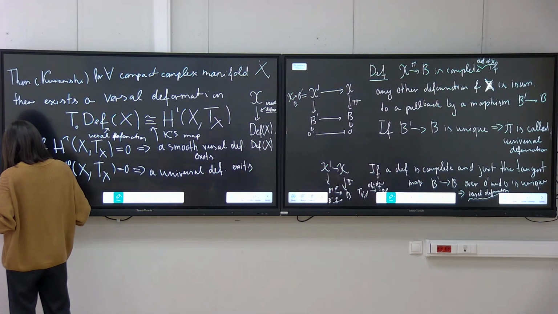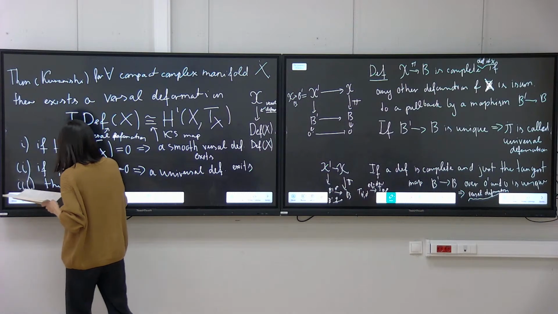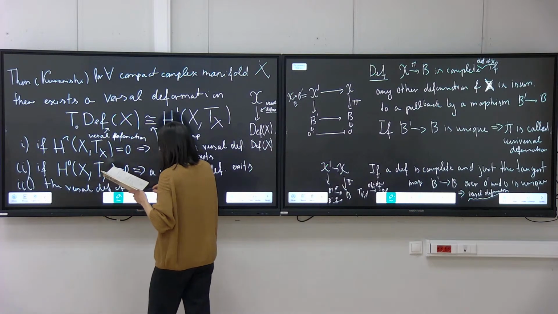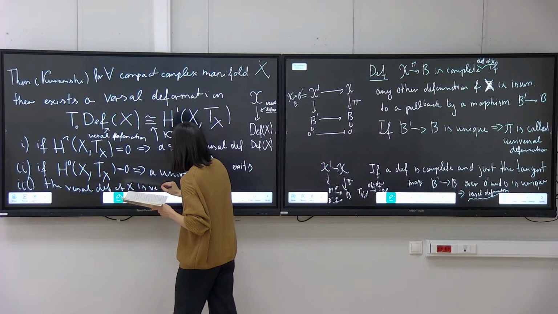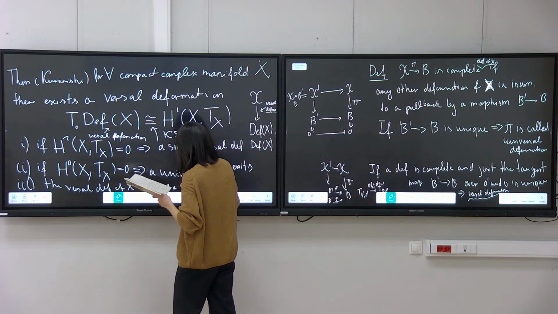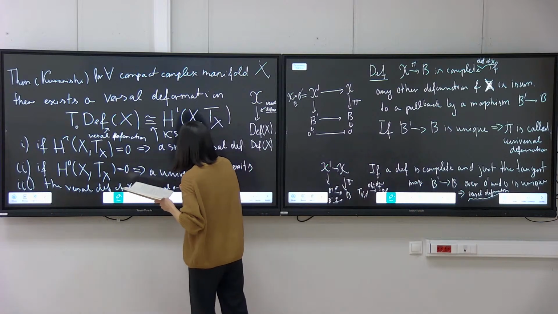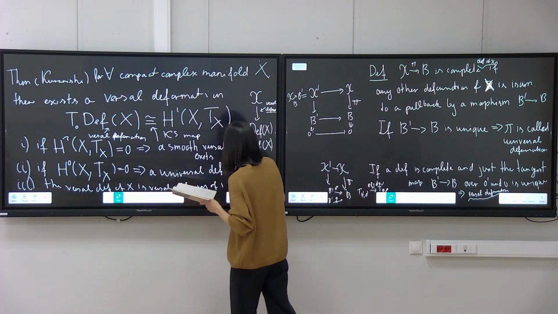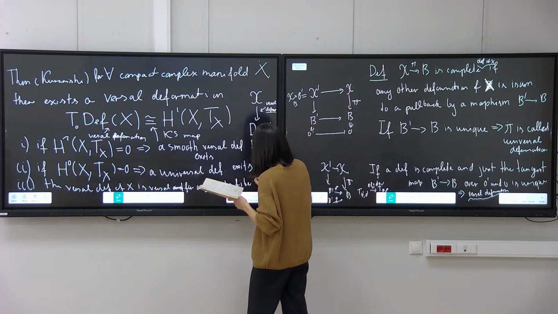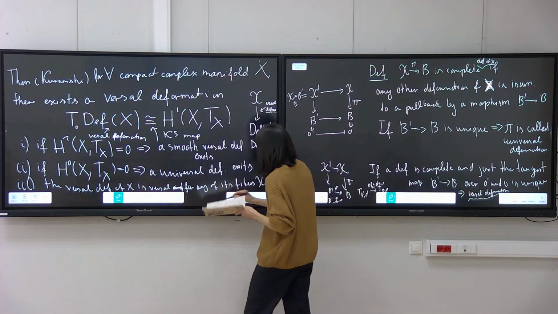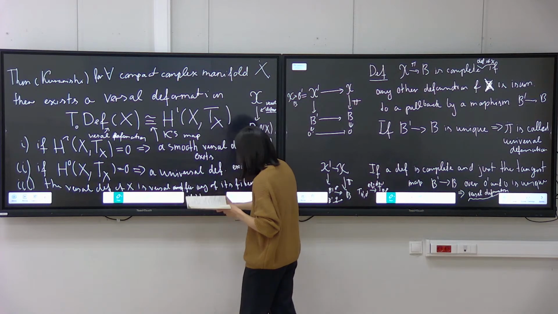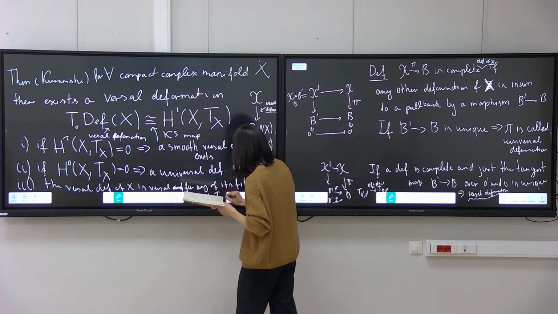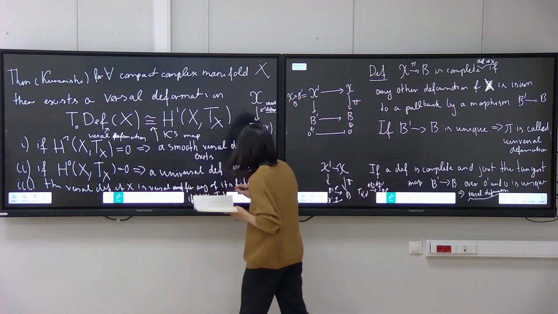And the third: the versal deformation of X is versal for any of its fibers X_b if the dimension of the first cohomologies is constant.